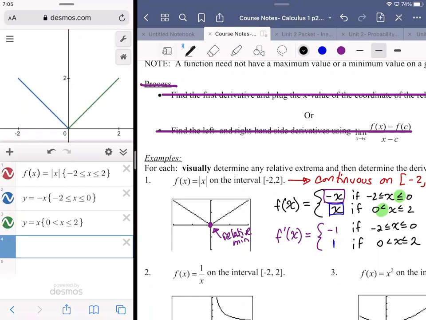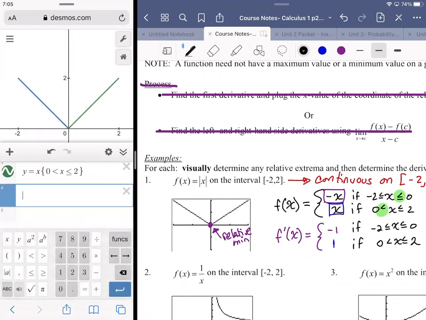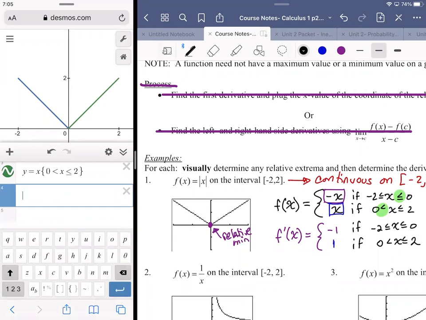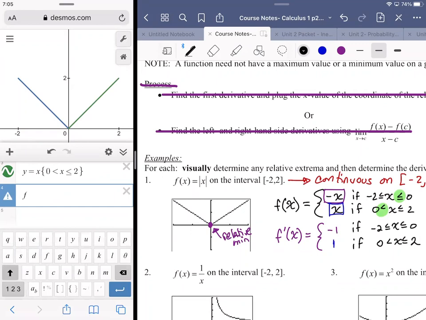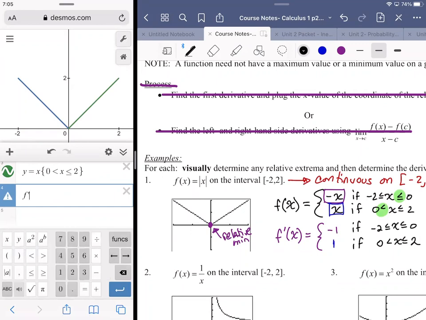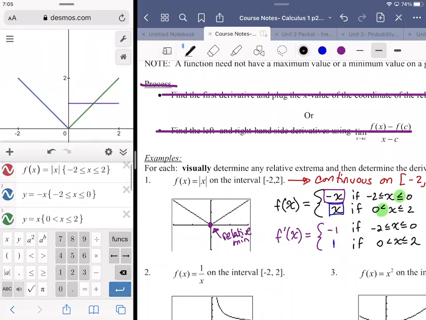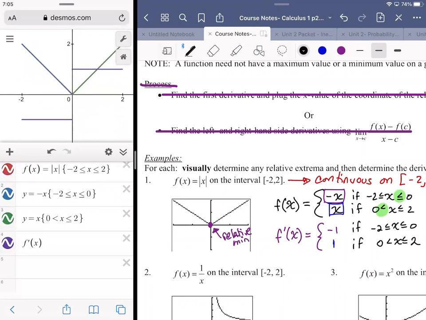Okay. Now, when we take the derivative, I could type in f prime of x. I type in f prime of x, and you see two horizontal lines show up. One of them is at -1, and the other is at a y value of +1.